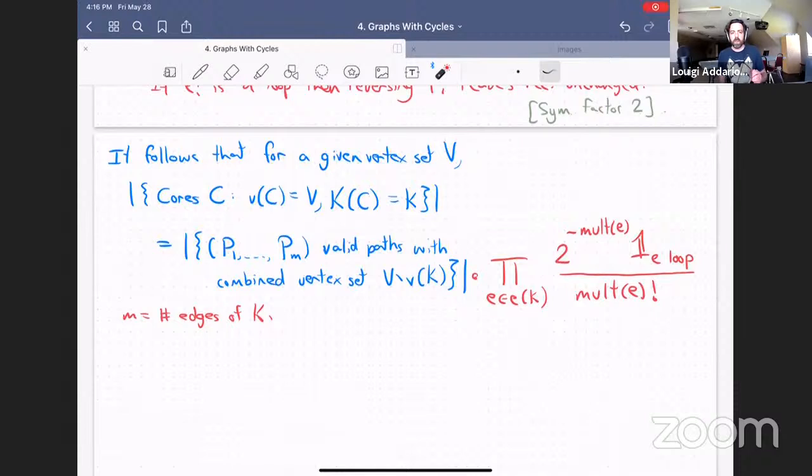So maybe my use of the word uniquely is confusing there. I mean that once I tell you the paths, there's no ambiguity about what core they reconstruct. But there are different sets of paths which reconstruct the same core, and that's what this symmetry factor is accounting for.